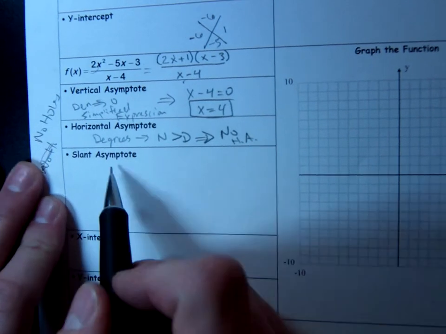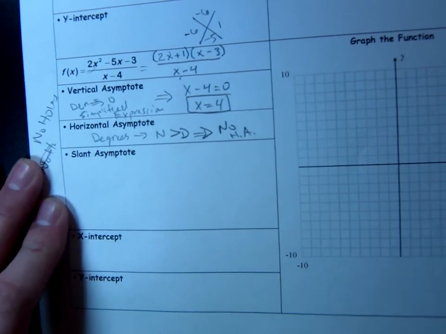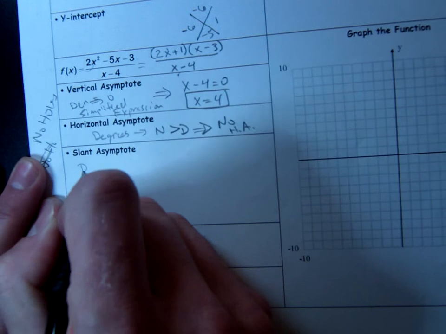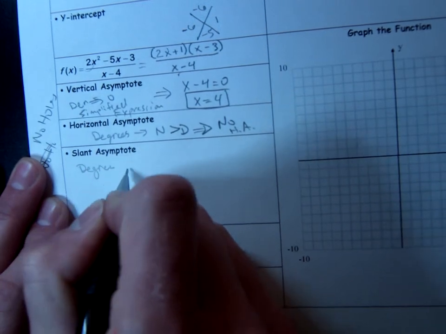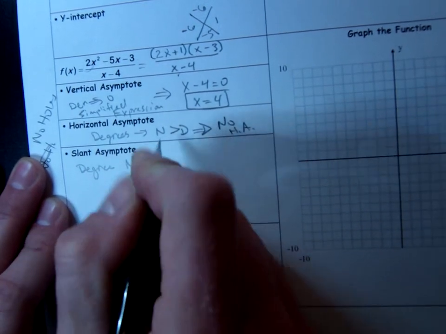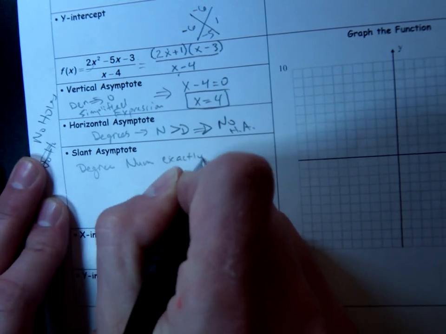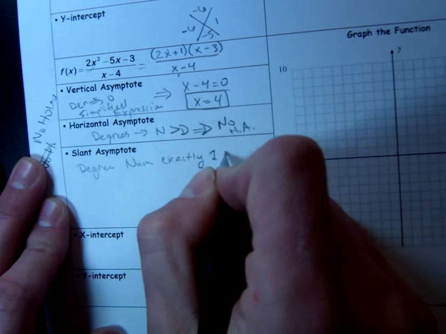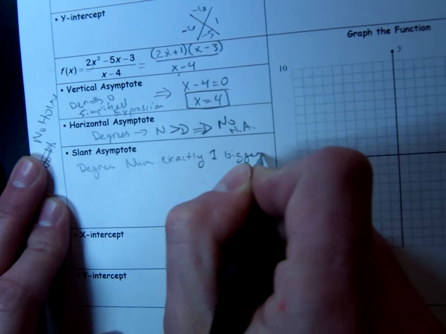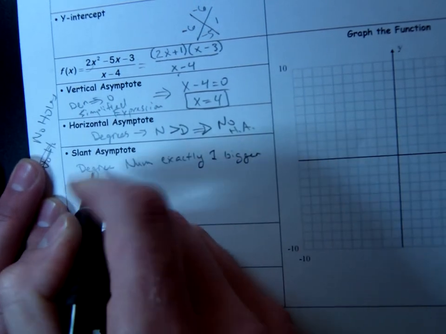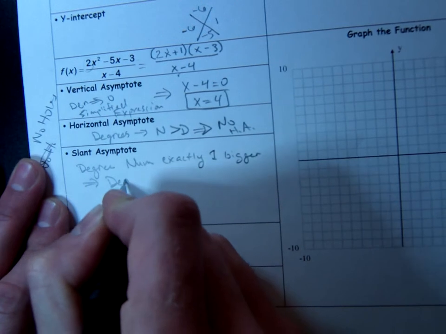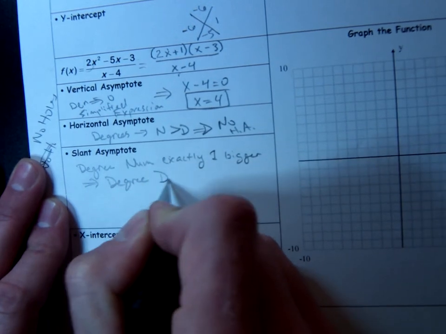All right? Now, slant asymptote, well, that happens when the degree of the numerator is exactly 1 bigger than the degree of the denominator.